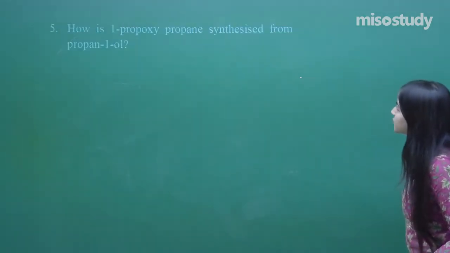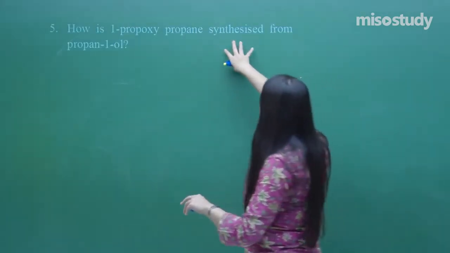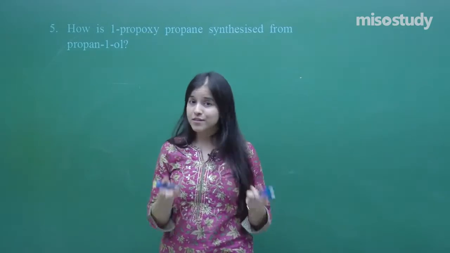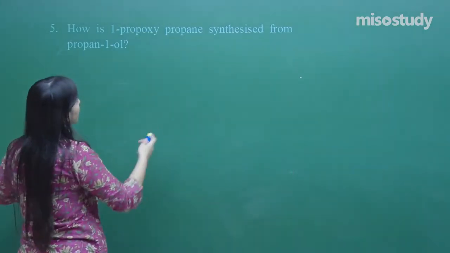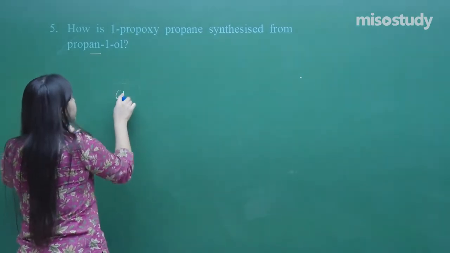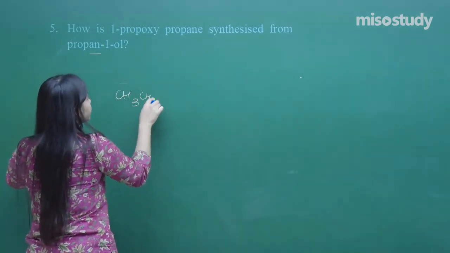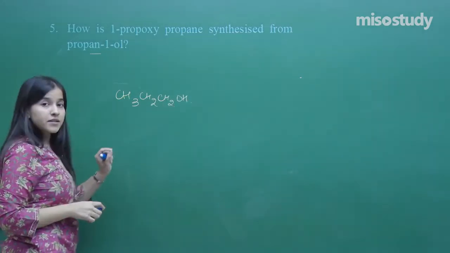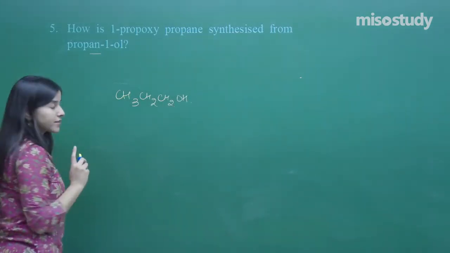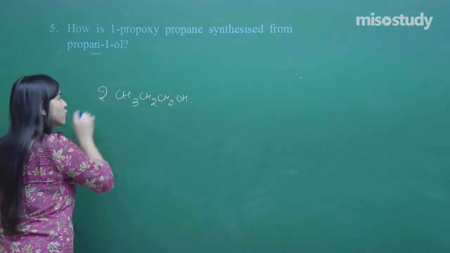Let's move on further. Okay, so 1-propoxypropane synthesized from propan-1-ol, a similar kind of reaction. So, what should I do? Take up the alcohol which they have given, propan-1-ol, and always try to remember that I need to take 2 moles.